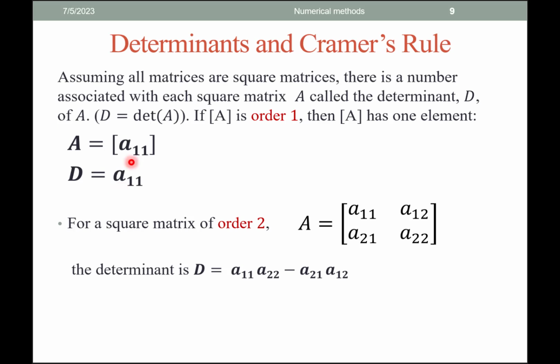It's just one value that's in there. If I have two unknowns and sets of two coefficients, then I have an order 2 matrix. And in this case, the determinant is a11 times a22 minus a12 times a21. All right.